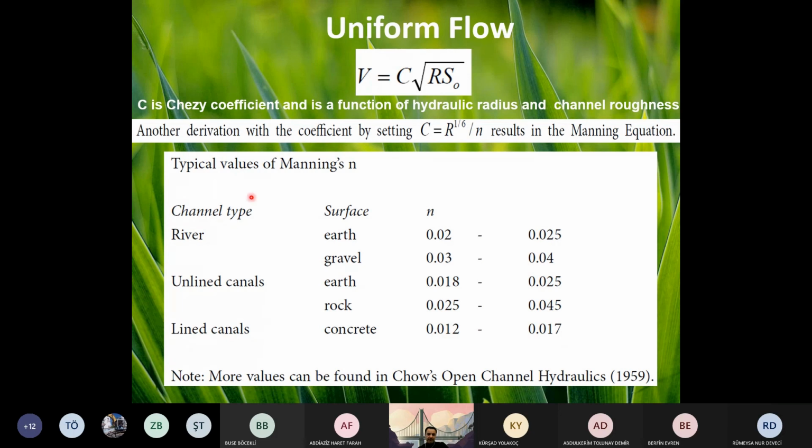For the full range for different conditions, you can go to different hydraulic books, like the one written by Chow, Open Channel Hydraulics, where the range is given. So we can select n from the table, come back to this formula to calculate C, then use the Chezy formula to calculate velocity. Is it clear?